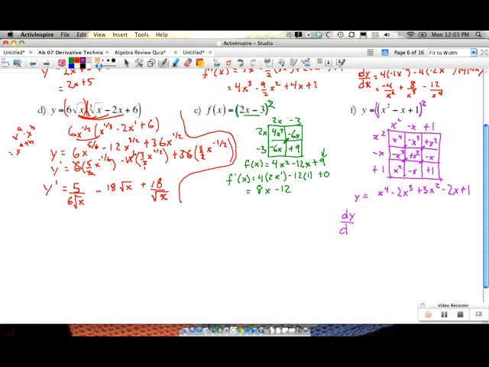So then the derivative, dy/dx, is going to be 4x cubed minus 6x squared plus 6x to the 1st minus 2 plus 0. Now I did that one a little bit faster, but I hope at this point that you guys are pretty good at doing some of this in your head, because we're dropping that power and multiplying it by the constant. Okay, so that's it.